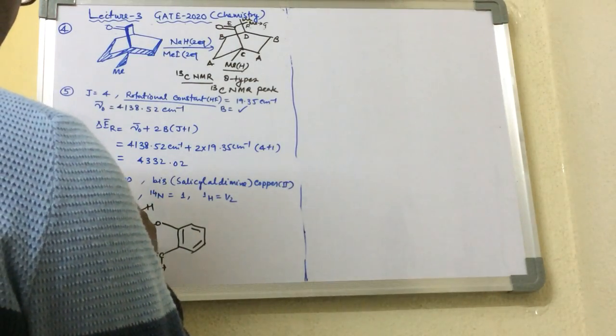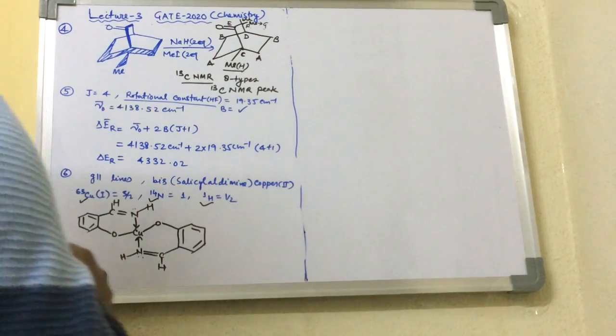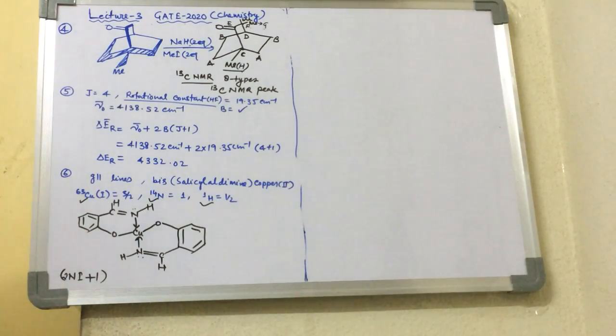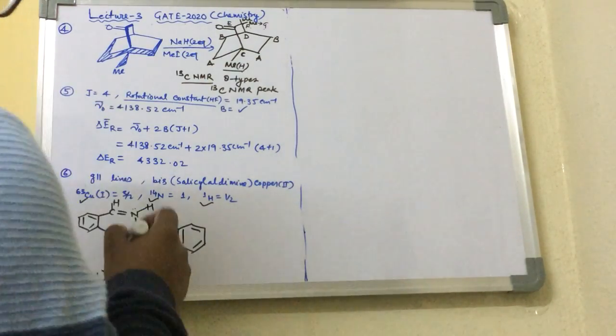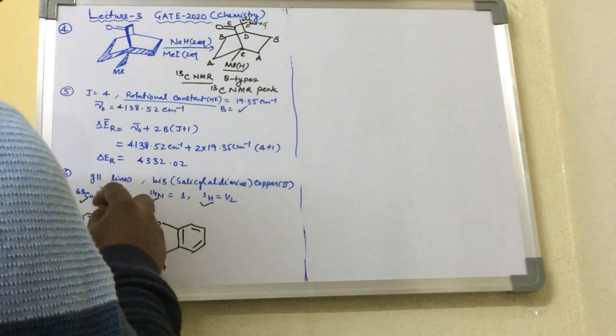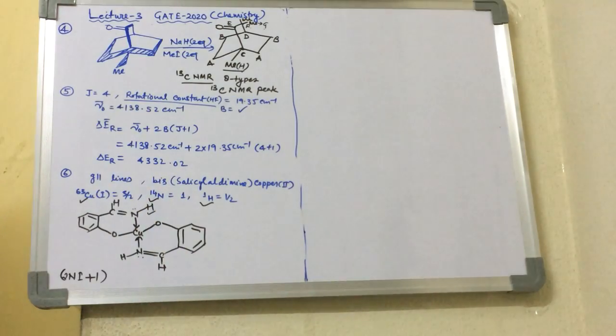Actually here copper, nitrogen and hydrogen are given, and we are asked for the g parallel lines. Here one hydrogen is given, and actually this is EPR. Yes, EPR, this is not NMR.